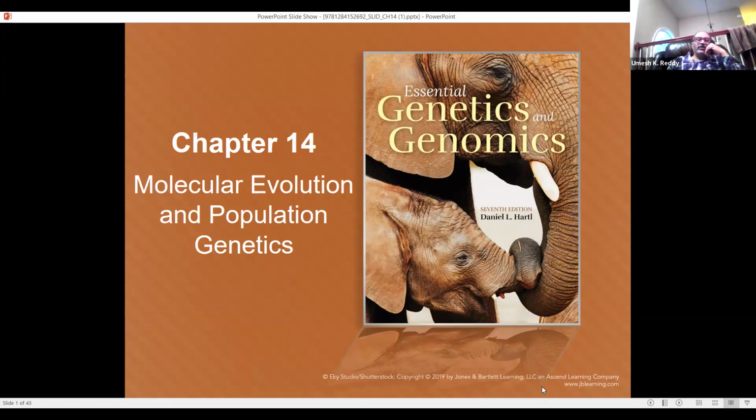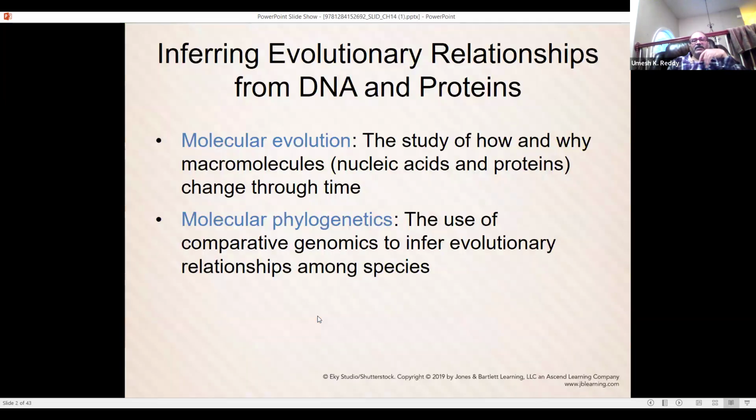So we need to understand molecular evolution and population genetics. So what is population genetics? It is how genes behave at the population level, not single genes. The genes located within you or me do not matter, but as a subpopulation, it matters.